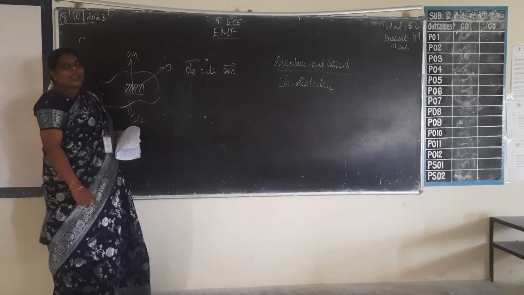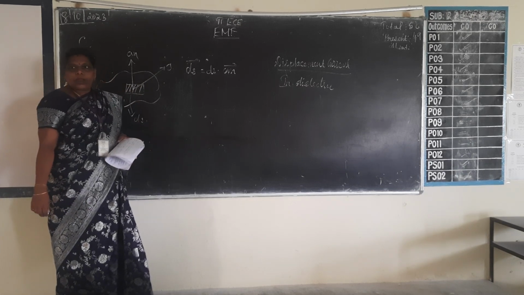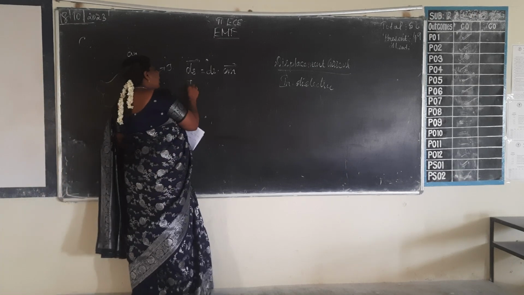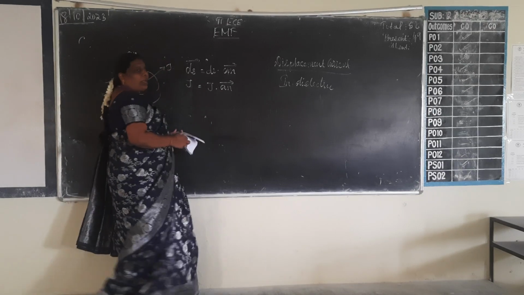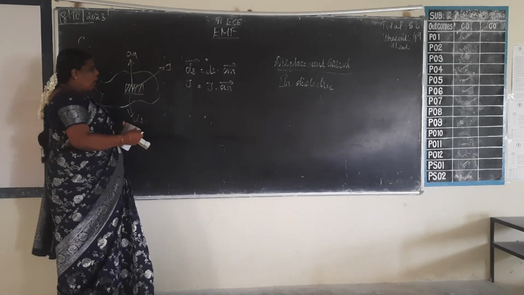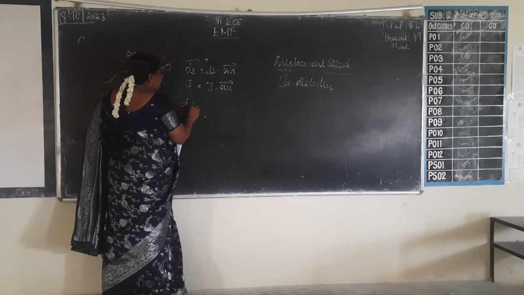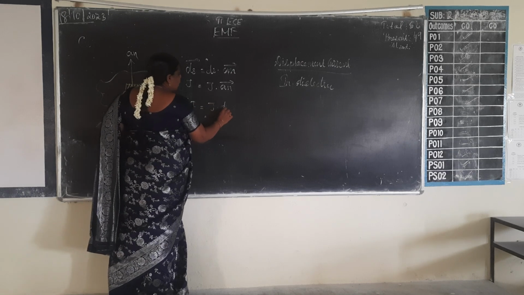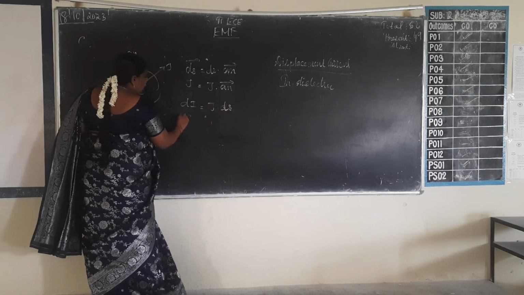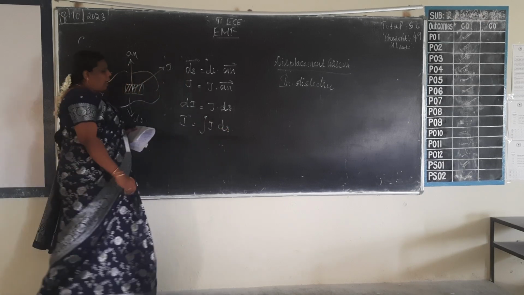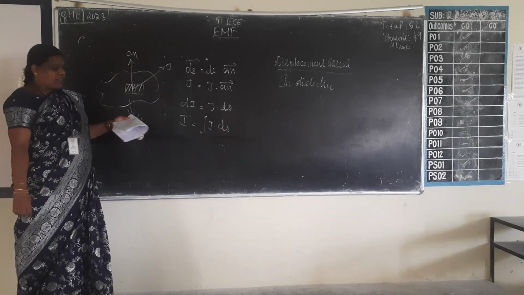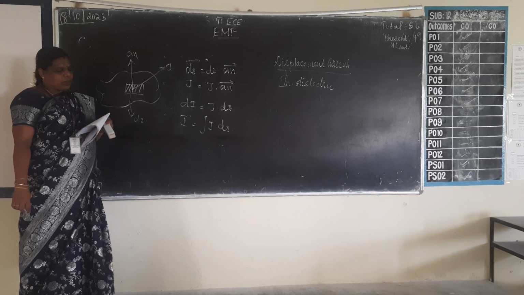An. So ds vector is equal to ds into an vector. Similarly, J is equal to J times an vector. So what is dI? dI is equal to J dot ds, right? So I is equal to the integral of J dot ds.